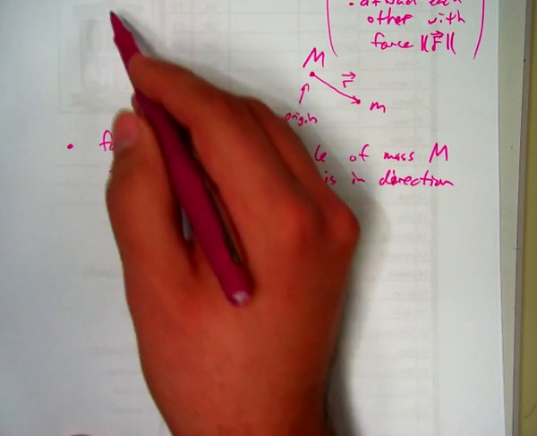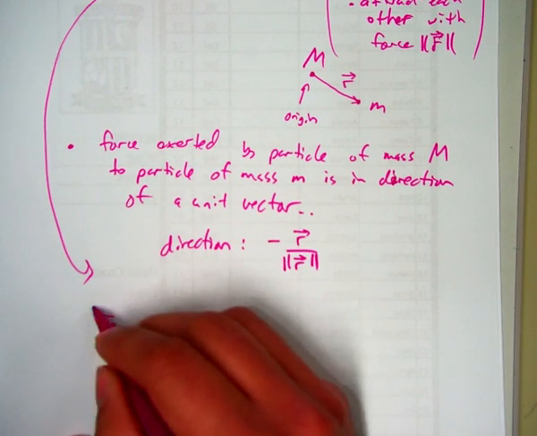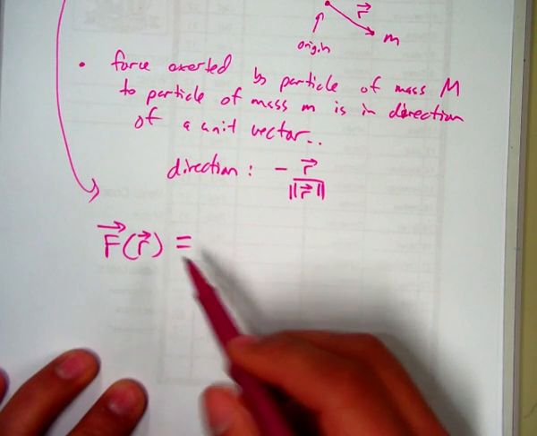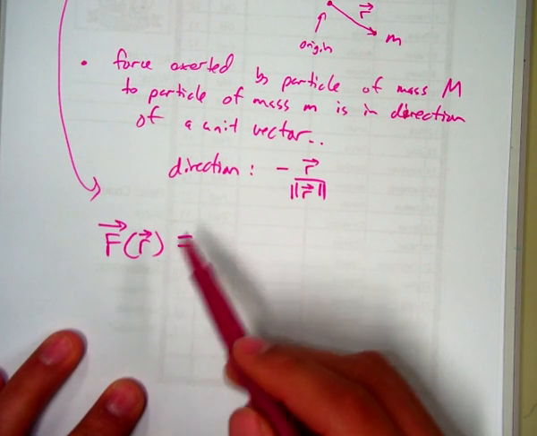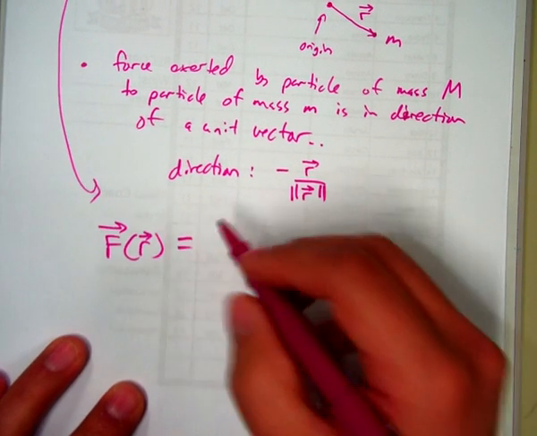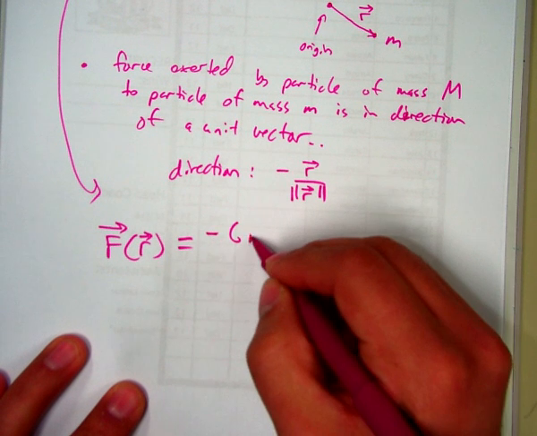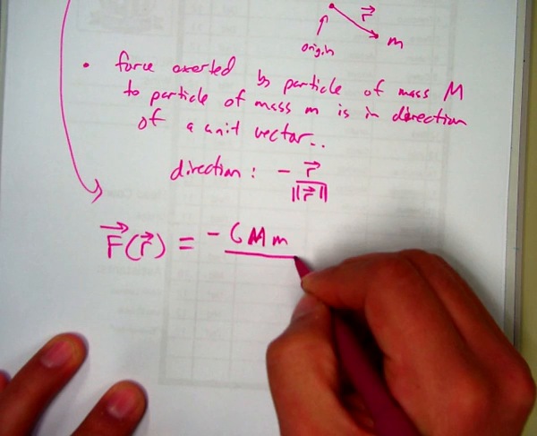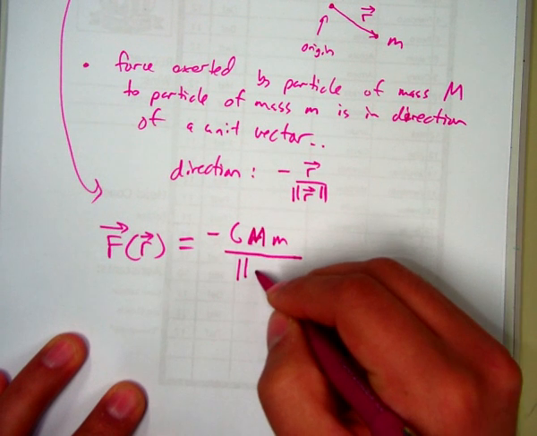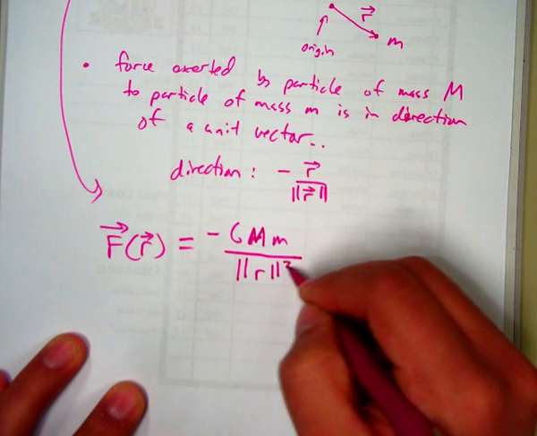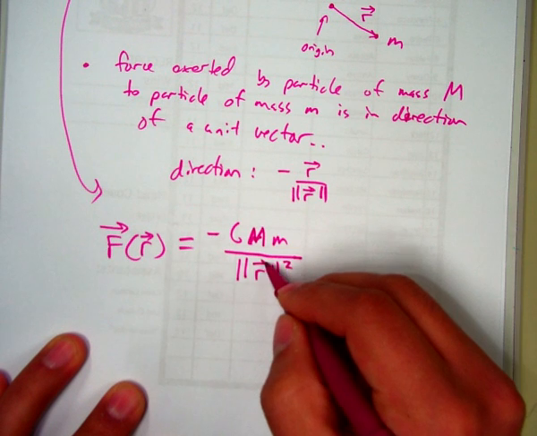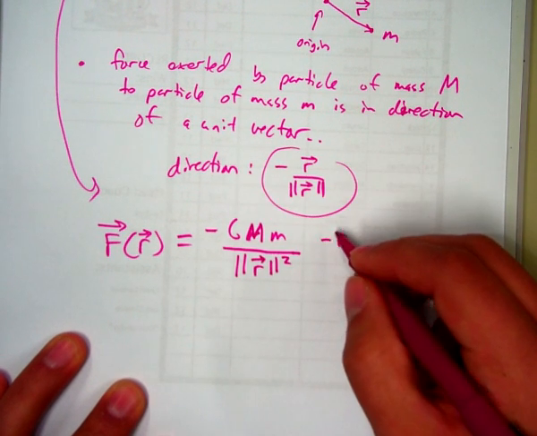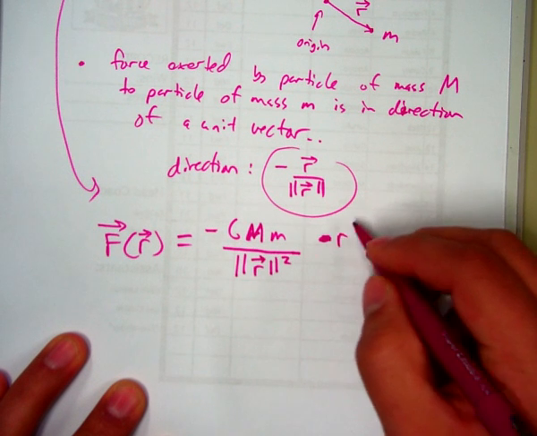Now, using this equation, the force, not just its magnitude, can be written as minus G capital M little m over the magnitude of r squared, and then the direction just gets attached to this.